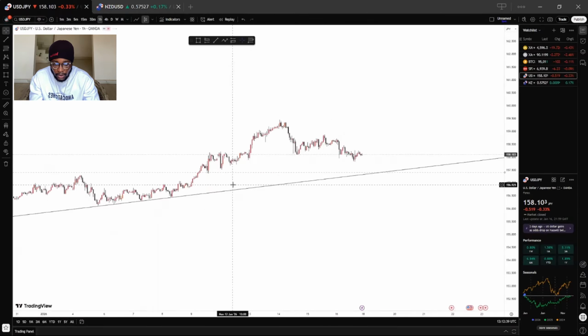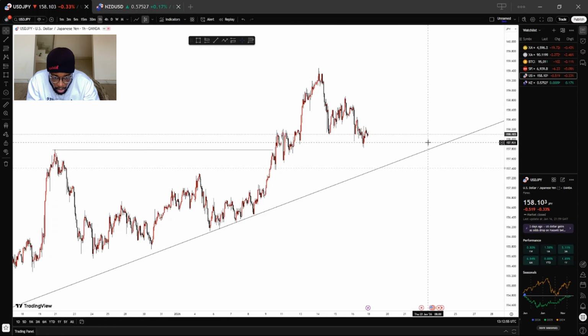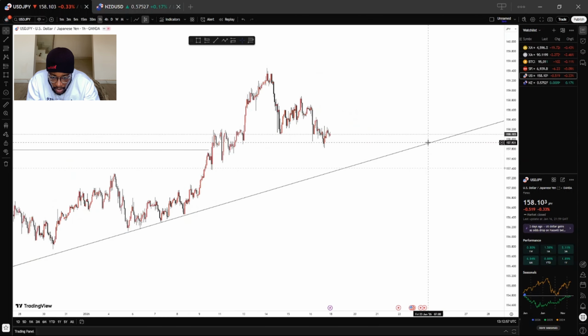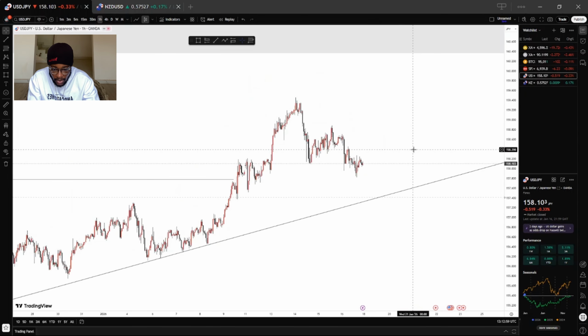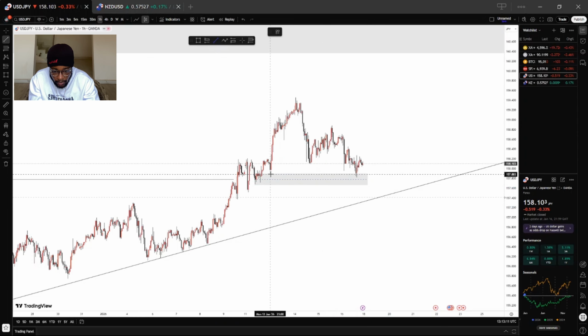I'm not going to use this level. This level has also been tapped. But might price use this level to buy? Maybe not, maybe it might.